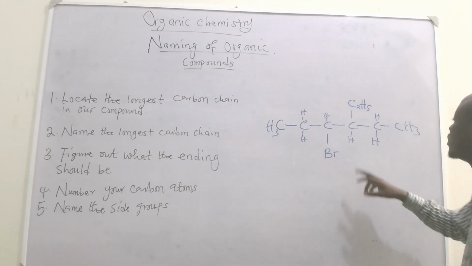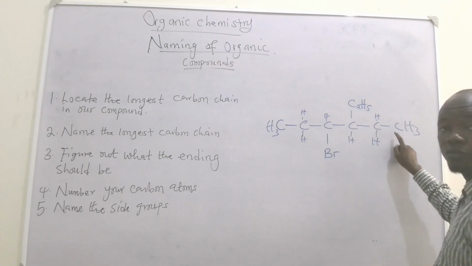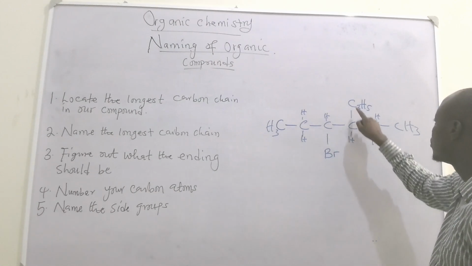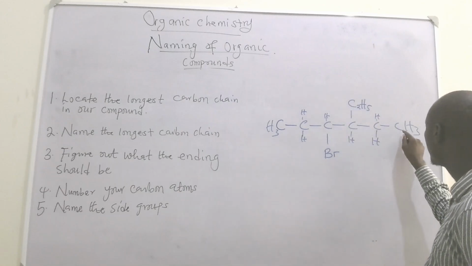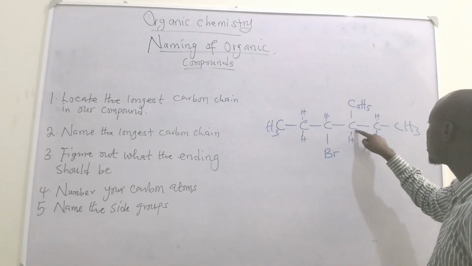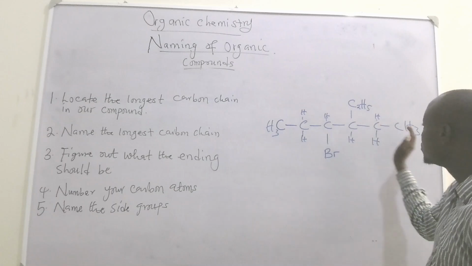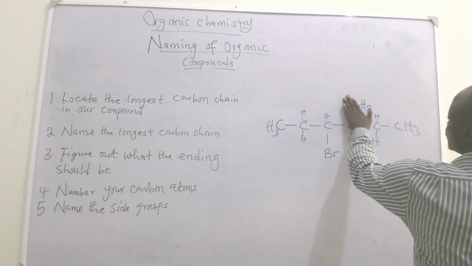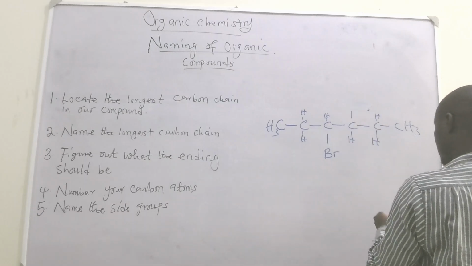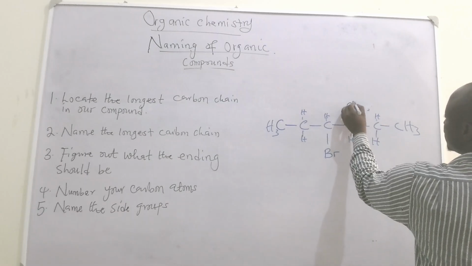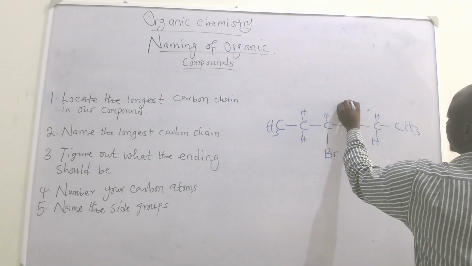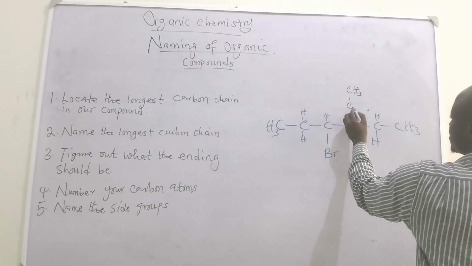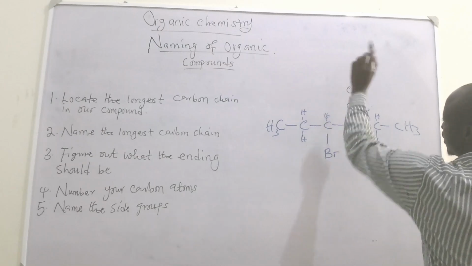So now, we are going to count. If we start counting from here, 1, 2, 3, 4, 5, it means that if we follow this direction we have 5 carbon. Because here, it's 2 carbon, so it's something like this, C, then we have CH3.